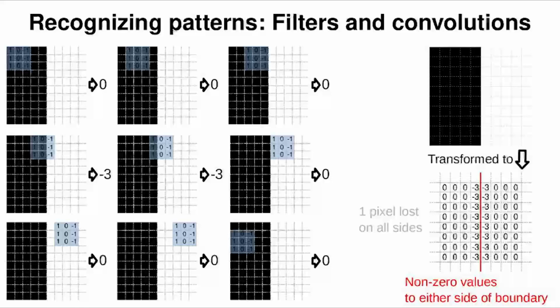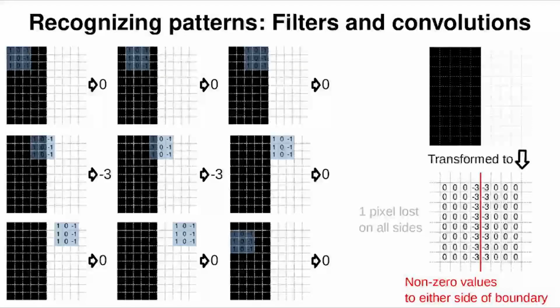The products of the values in the last column of the filter with the scaled intensities of the underlying white pixels of the image are -1, and there are also 3 of them. And of course, the products of the values in the middle column of the filter with the scaled intensities of the underlying white pixels of the image are 0. When we sum up these numbers, the products for the first and last column cancel each other out.